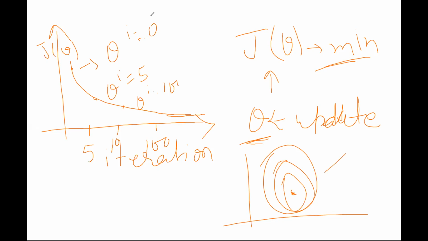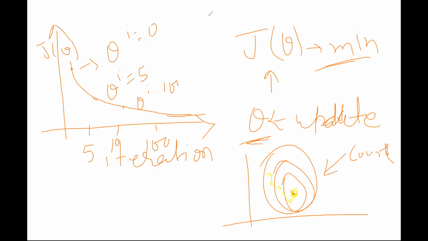Wait, this is a contour plot. We started at some point, like here. We've gone a little bit, then this, then this, then we reached here. When we reach this location, that is the location where we get the minimum cost function.